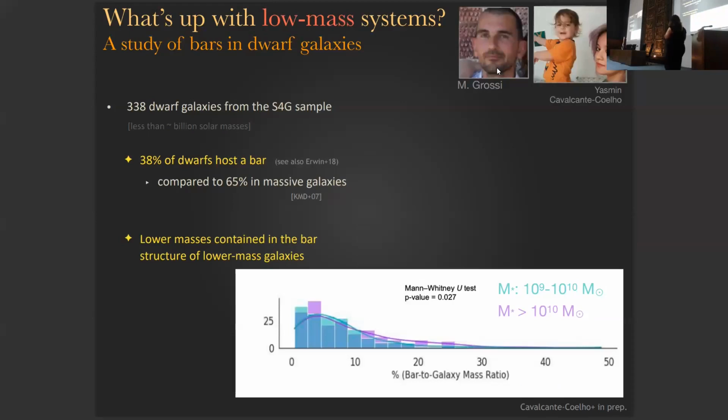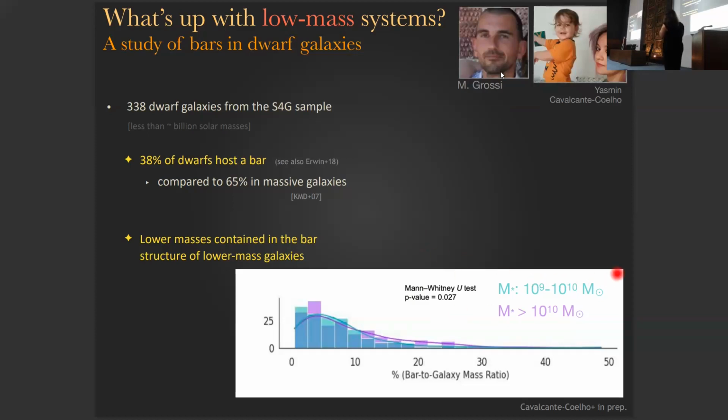This is a plot that I grabbed from her poster, and you can see that there's a slight distinction. It's not as potent, but we ran statistical tests to see whether they come from distinct parent samples.